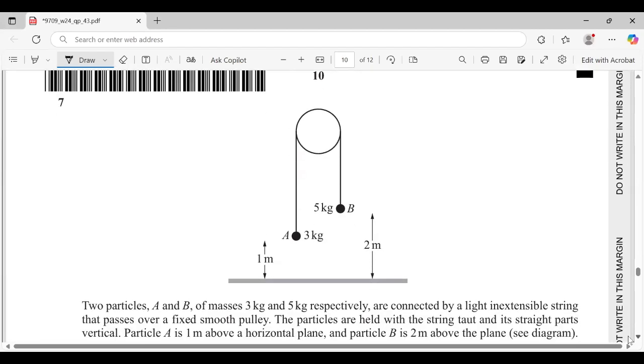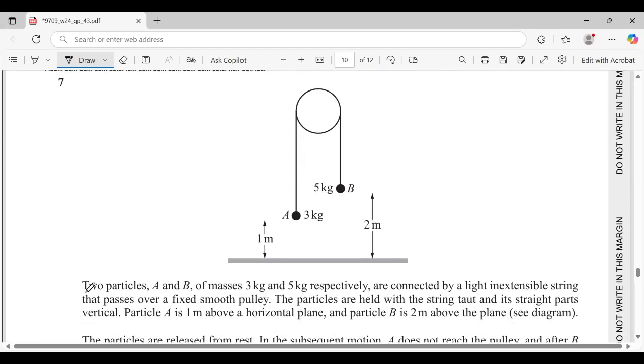Number 7. Look at this diagram. Two particles A and B of masses 3 kilograms and 5 kilograms respectively are connected by a light inextensible string that passes over a fixed smooth pulley. The particles are held with the string taut and its parts vertical.